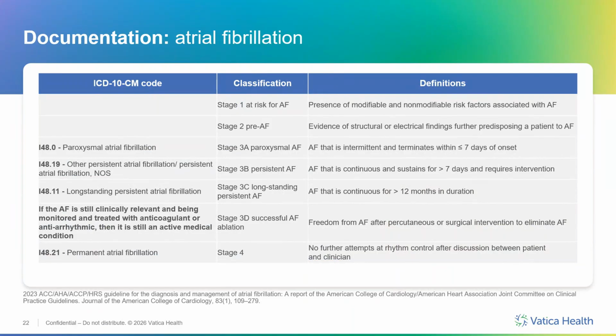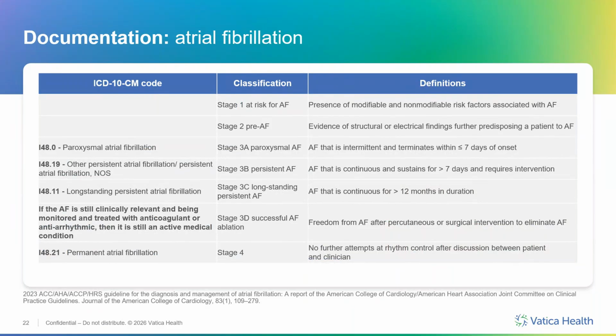So stage 1 are those at risk for AFib. Stage 2 is pre-AFib, when there are structural or electrical findings that predispose a patient to AFib. And stage 3 is when we actually diagnose it, and there are substages. 3A is paroxysmal AF. It's intermittent, and it ends in 7 days or less.